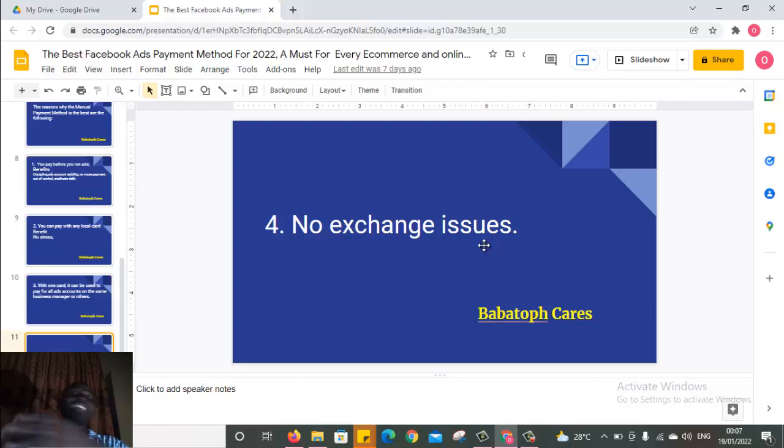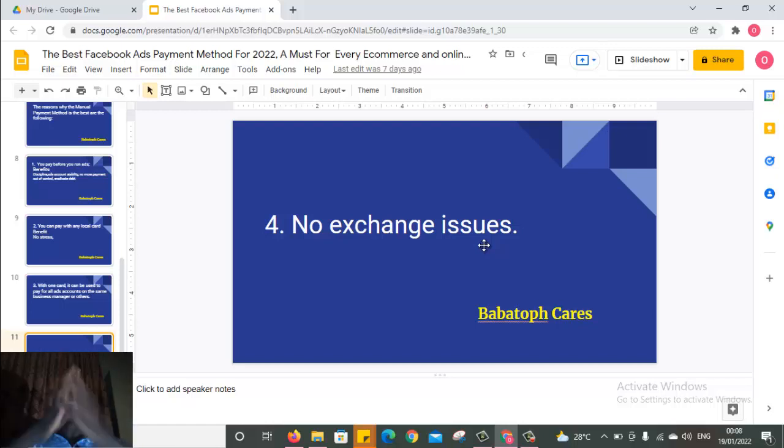It will not be up to that $10 because your exchange rate is very high. We have some virtual card providers that charge up to like 600 plus naira per dollar. So can you imagine? But in manual payment method, there's no issue of exchange rate.